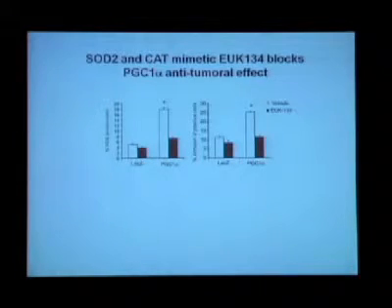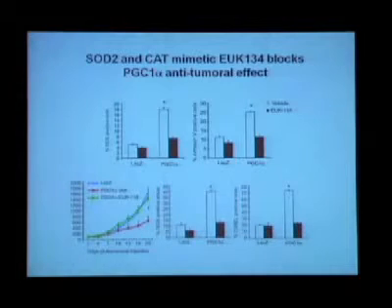And if you now go in vivo and you inject the cells and the tumor into the xenograft model, and you do again with the PGC1 alpha, with and without the SOD2 and catalase specific mimetic, you can see that the effect of PGC1 alpha on the delay of the tumor growth is completely blocked. So these data prove that the pro-apoptotic and the respiratory capacity driven effect via PGC1 alpha in the gut is probably due to the absence of the transcriptional capacity of PGC1 alpha to induce the scavenger system.